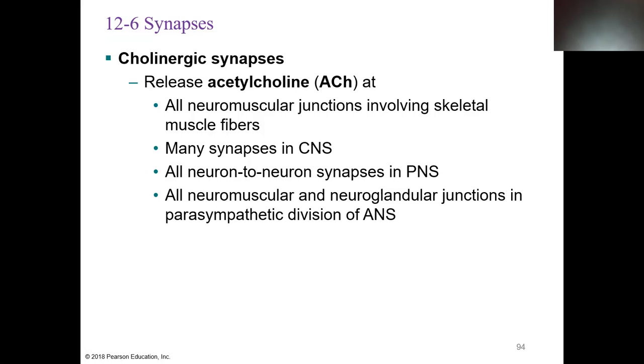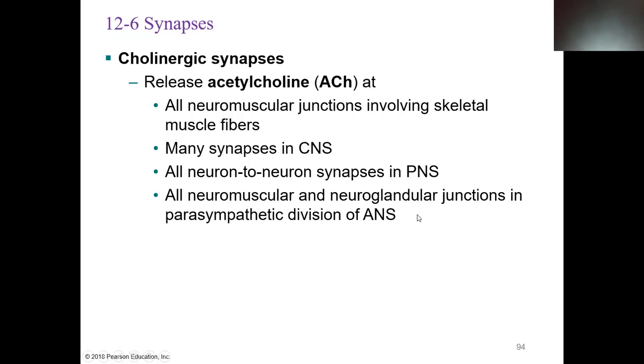Okay, since all neuromuscular junctions are going to use acetylcholine, this is why we definitely talk about it in 2401 as we learn the nervous system and the muscular system. But you can see it also happens within the CNS, the PNS, and even the ANS, the autonomic nervous system.